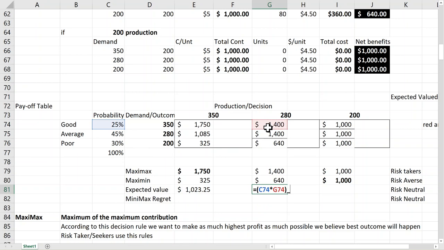So I'm just taking the outcome, multiplying by probabilities, which will give me an average outcome based on all probabilities. So 1000, and it becomes 1000 because all returns are 1000.